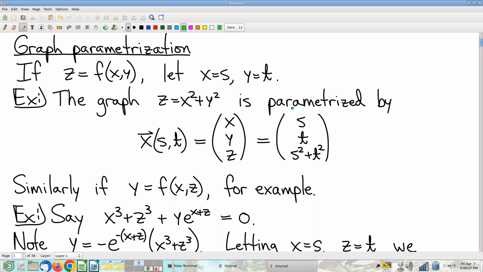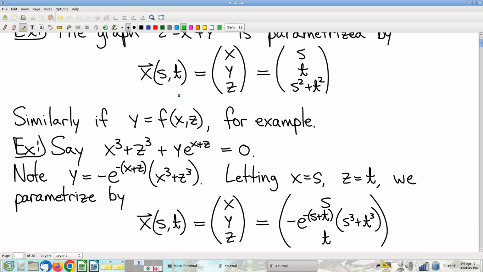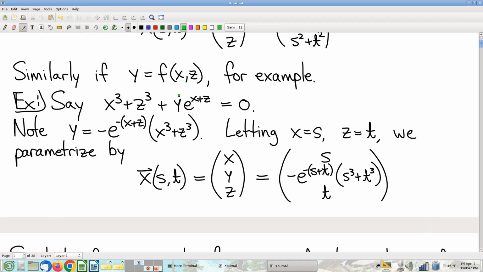Okay, now in this case, Z was the variable that I had solved for. Alphabetically, that's sort of typical, but of course there's nothing magic about the alphabetical order. It could be that Y is the variable you solve for. Whatever. Doesn't matter. So, for example, let's look at this equation right here. I can't solve for Z. Don't even try to solve for z. You can't, right? But it's easy to solve for y. So y is now a function of x and z.